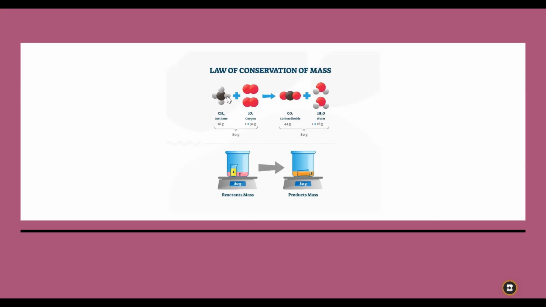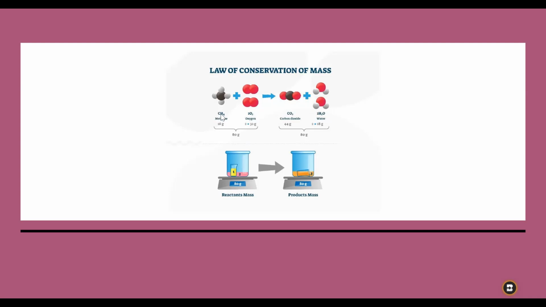So if each kind of atom is equal on the reactant side and on the product side, that means this agrees with the law of conservation of mass. That means the mass of the reactants is equal to the mass of the products. We haven't done how to calculate, but just take only what we see here.